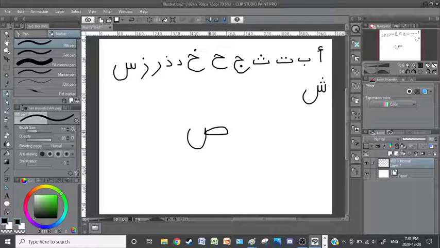This is what we call a heavy seen or a heavy S. This is known as sod. It is extremely heavy. It's one of the heavy letters in Arabic.